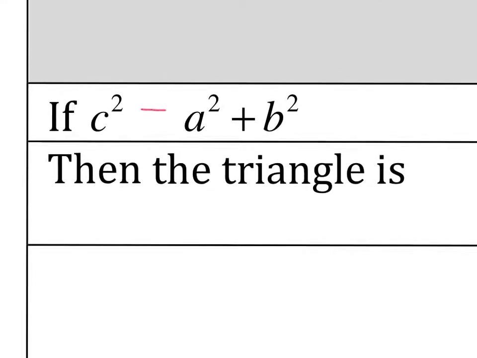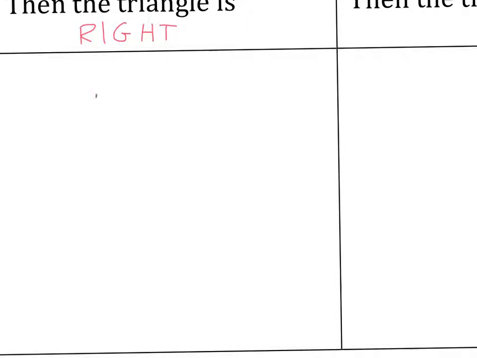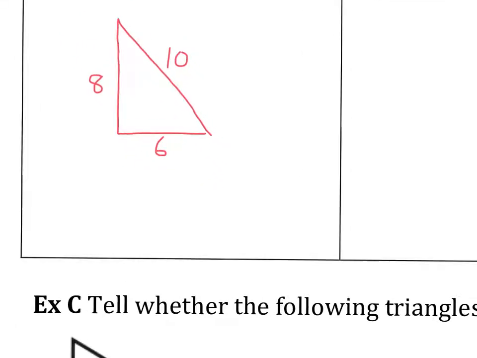And we said that if c squared equals a squared plus b squared, then the triangle is a right triangle. And we can use a 6, 8, 10 triangle just to check that. If I have a 6 here, an 8 here, and a 10 here, the question is, does this make a right triangle?